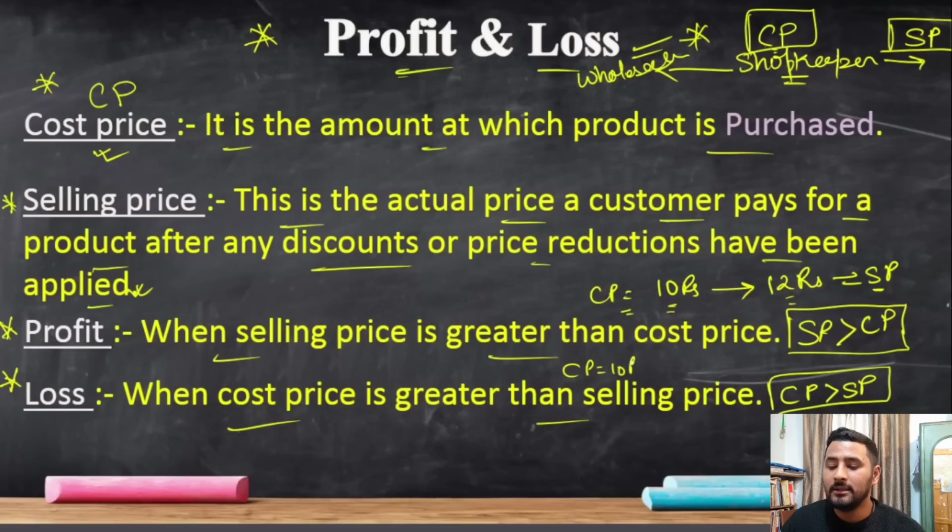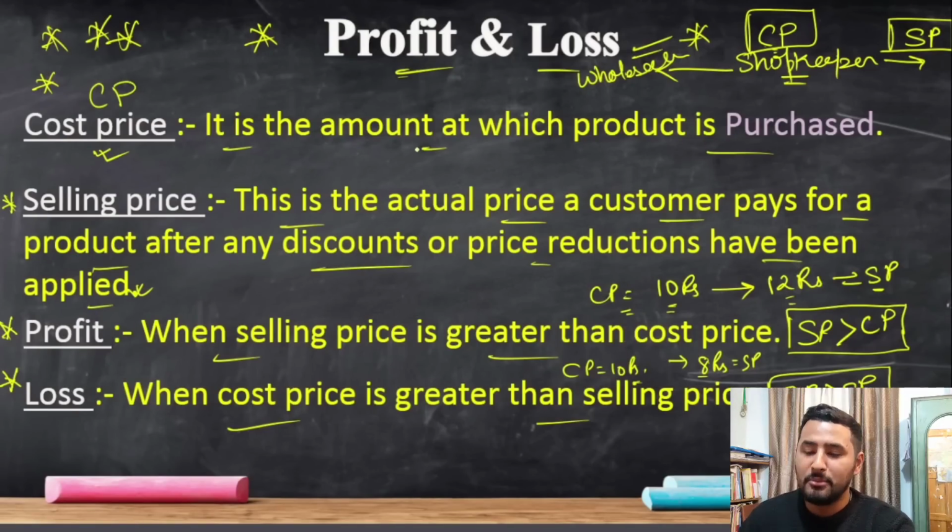CP will be 10, and when you sell it to the customer at 8 rupees, this will be your SP. You can see 10 is more than 8, so CP is more. If CP is more, loss will occur. So what is loss? When cost price is greater than SP. I hope these terms are clear, because we'll be using them throughout the video.